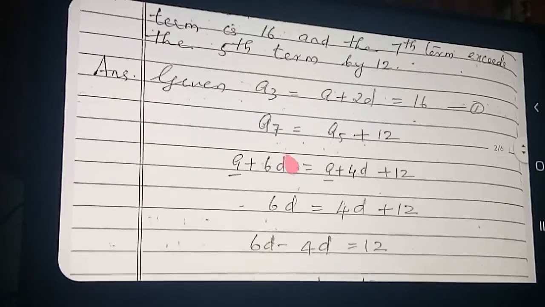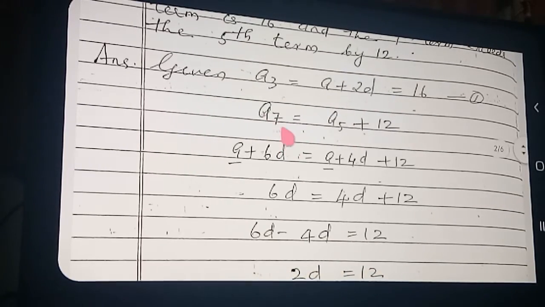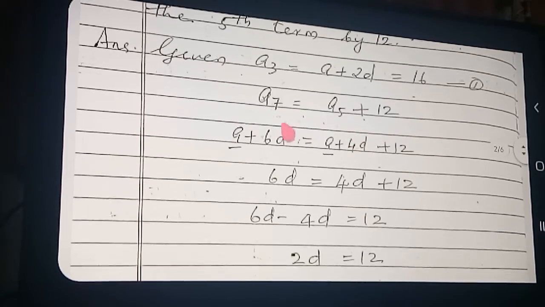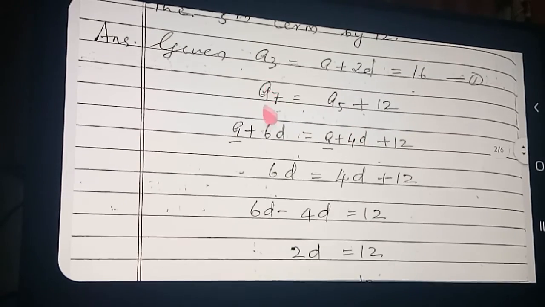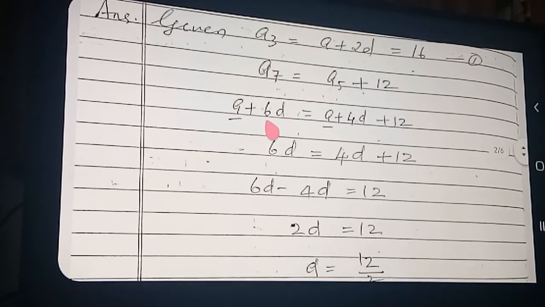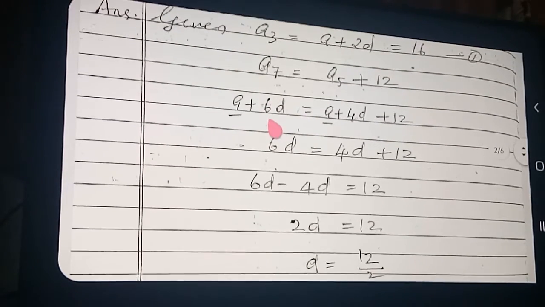Now from this equation, we are going to find out the value of D. What is the meaning of A7? A7 is equal to A plus 6D. What's the short formula of fifth term? A plus 4D, plus 12. In this equation, we simply put the values of A7 and A5.